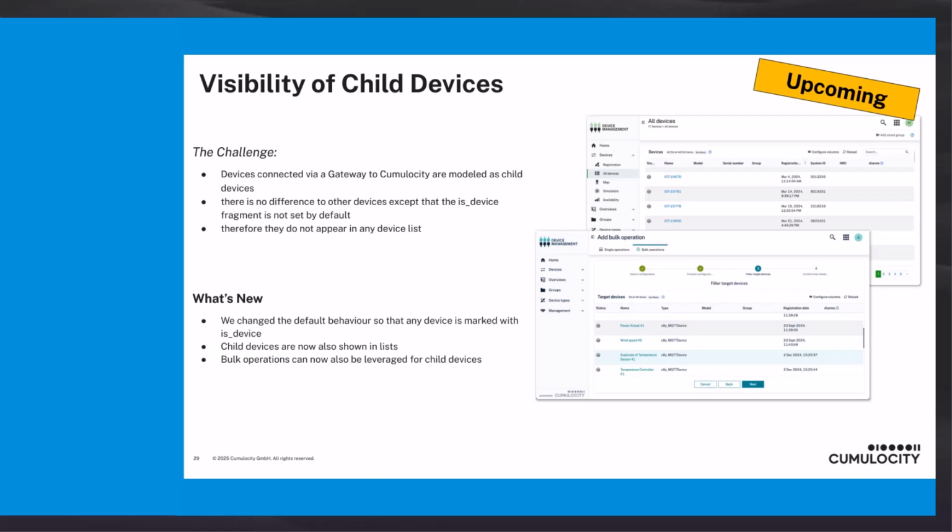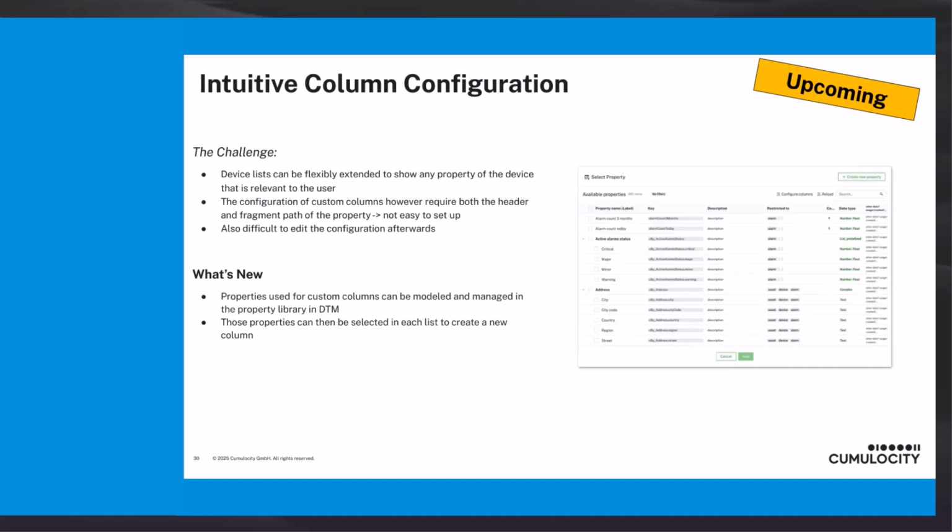And last but not least, we have a new approach to column configuration. I already mentioned the device lists, which are quite prominent in Device Management. You have the default columns, and something you could already leverage was the ability to create custom columns, but there you need to define the header and the fragment path, which is not so straightforward to configure.